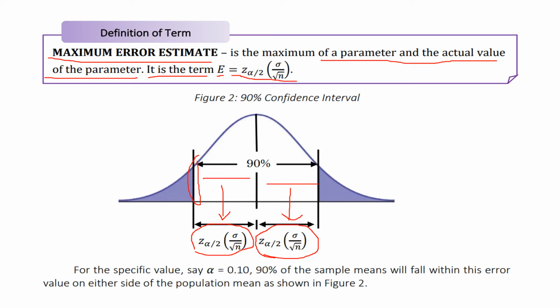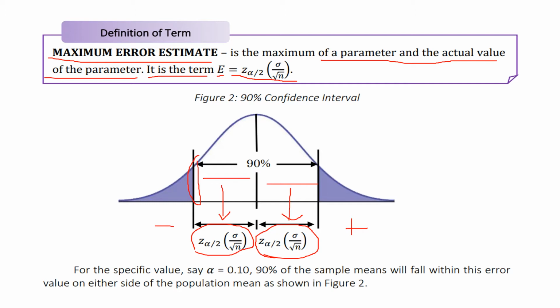That's why we subtract and add to your sample mean, to make it your lower confidence level and your upper confidence level. So we simply subtract and add this C sub alpha over 2 multiplied by your sigma over square root of n to your sample mean, for us to have the value of your lower confidence level and your upper confidence level.